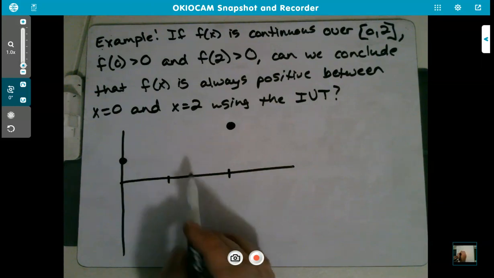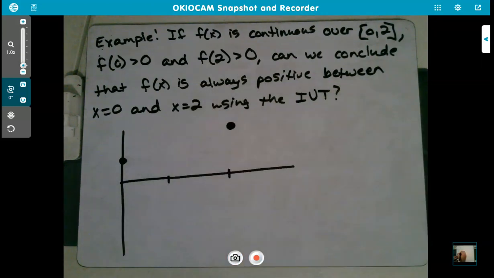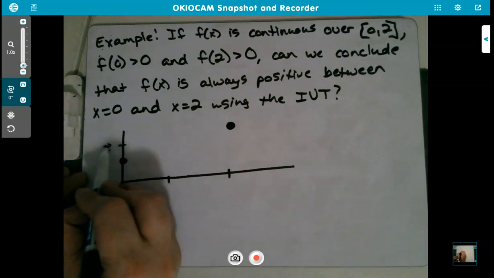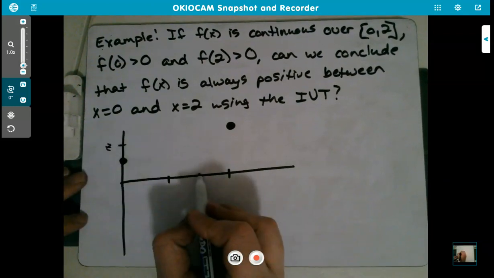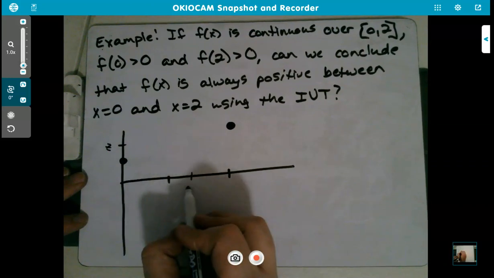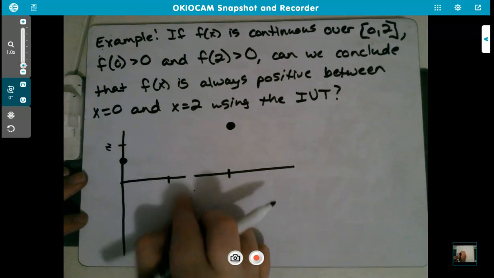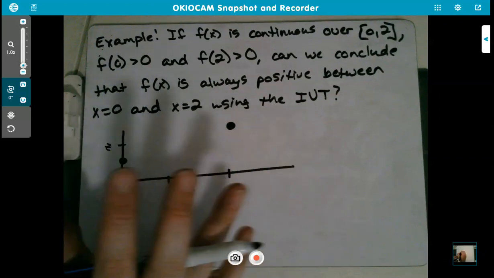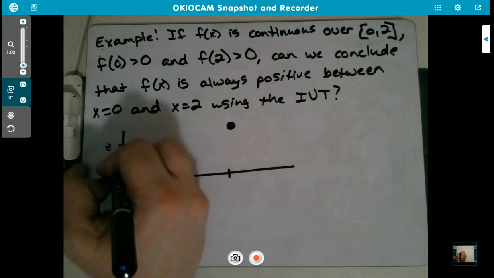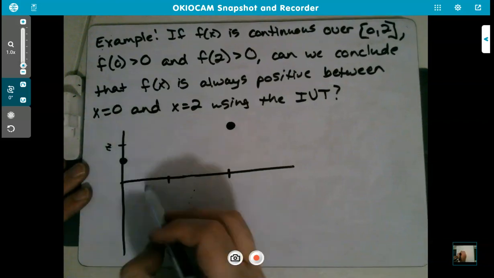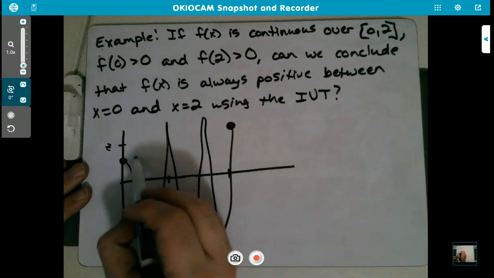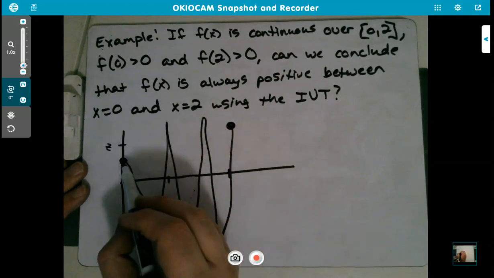Well, all this theorem says is that if there's a z between them, then there must be a c between a and b. It does not say what happens anywhere else. It does not say I can't go down here, because I can. I can do whatever I want between there.